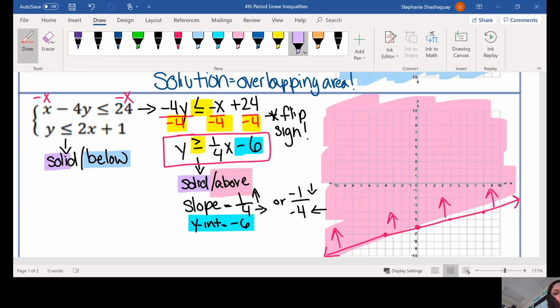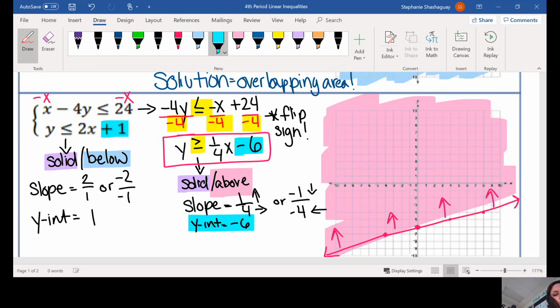My slope here is equal to 2 over 1 or -2 over -1. Both would give me a +2 slope, and my y-intercept is equal to +1.